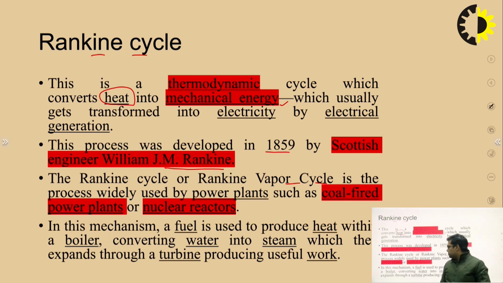In this mechanism, fuel is used to produce heat in the boiler, as in a coal-based thermal power plant, or heat is produced in a nuclear reactor, and it further converts water into steam, which we can use for rotating the turbine for any kind of useful work.